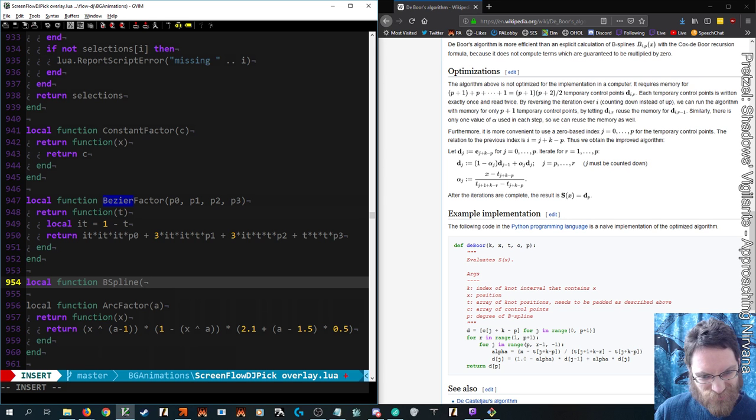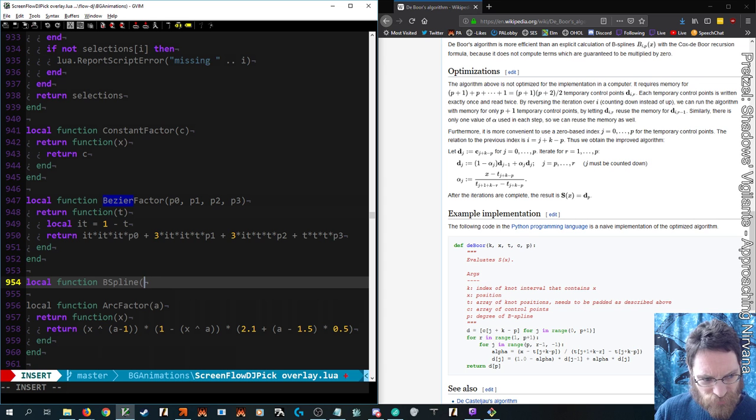So the index of the knot interval that contains x. So this is for a particular position. Array of knot positions, array of control points, degree of B-spline.